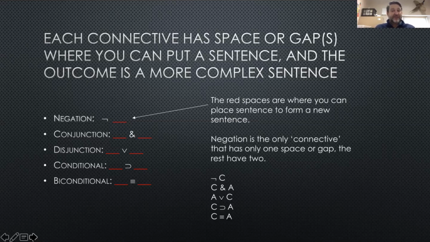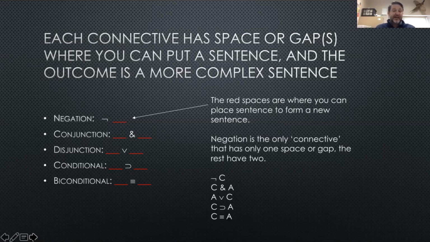So here we have, it's not the case that C, right, which would mean it's not the case that Charles runs or Charles doesn't run. Suppose A stands for Amy runs. Then for the conjunctive sentence, we would have Charles runs and Amy runs.